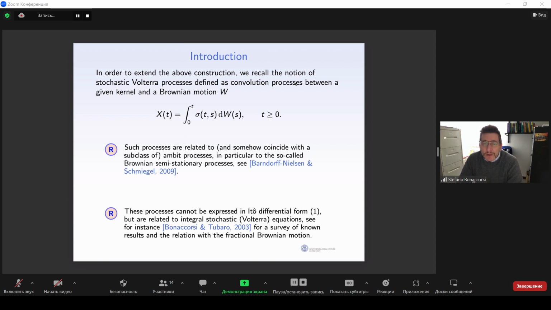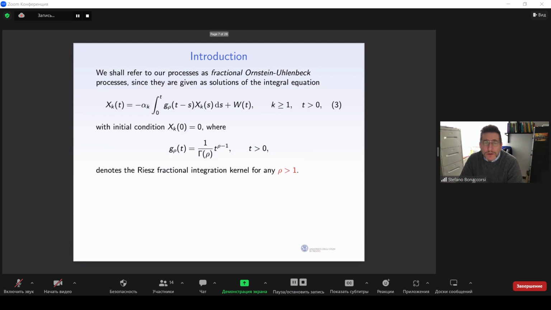And in order to make this clear, we will propose the following equation. So this is a fractional integral equation, where x_k is now described as the convolution between the process x_k itself and the Riesz fractional derivative kernel g_rho, where we assume that rho is larger than 1.